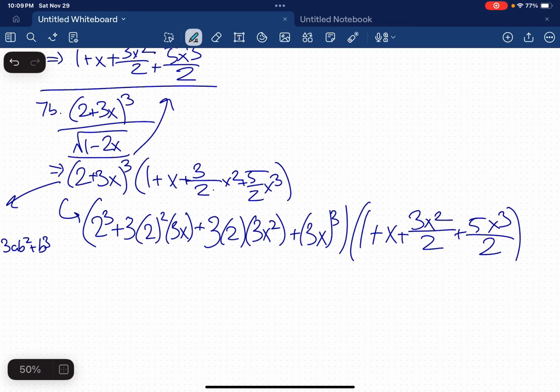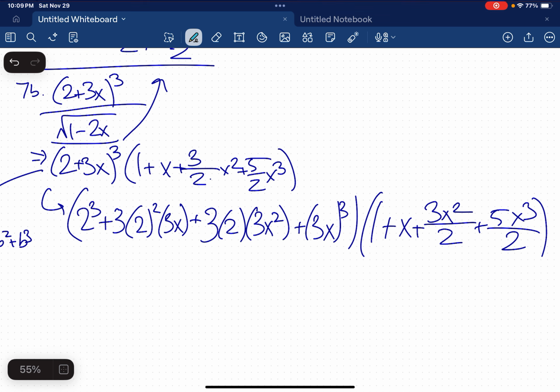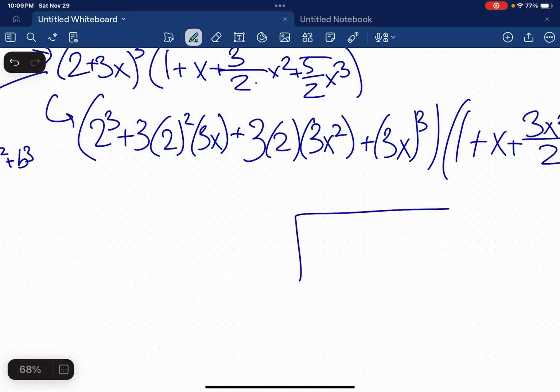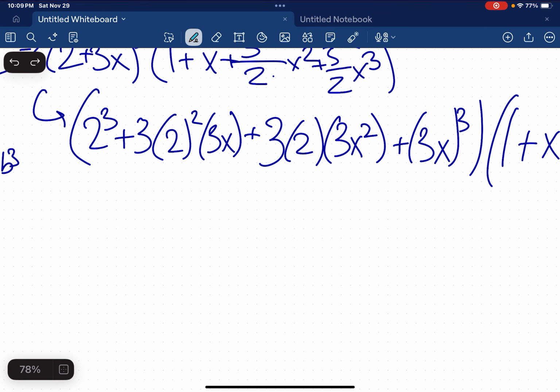Like, I'm trying to think of any way here where you wouldn't just end up making the box method and factoring it out. Yeah, I think they literally just want you to multiply it, and that's rough.